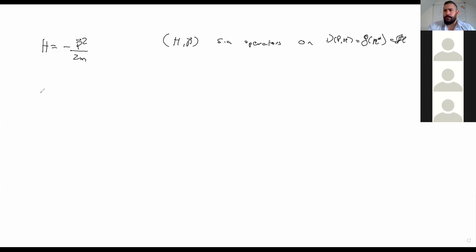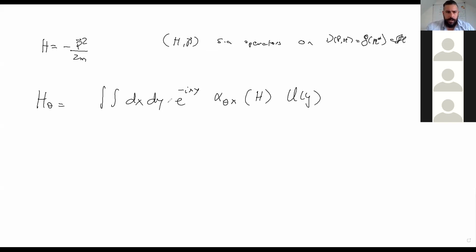Now, what happens if I deform this operator? Just take this operator and deform it. I just want to know what happens to that. The deformation formula is the integral dx dy. Now forget the cutoffs. The cutoffs are there to make this thing a little bit well defined, since we're working with oscillatory integrals, e to the minus ixy alpha of theta x of h and u of y, on some psi.